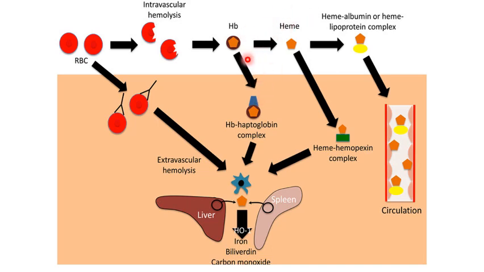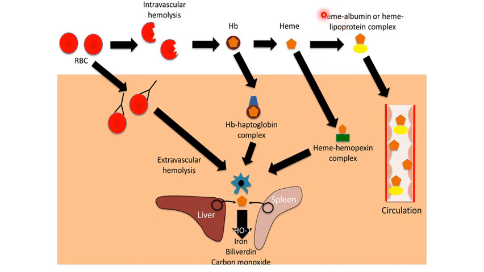The methemoglobin dissociates into the heme, and some of the heme combines with the hemopexin complex and follows the same way as the hemoglobin-haptoglobin complex, as it is taken up by the macrophages and then to the liver and spleen, the same pathway.